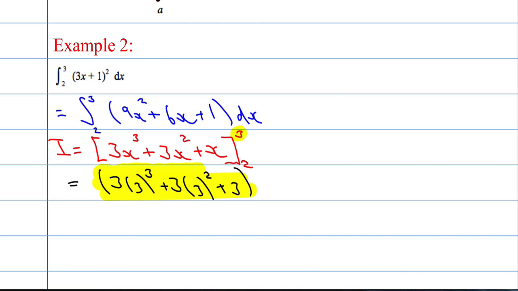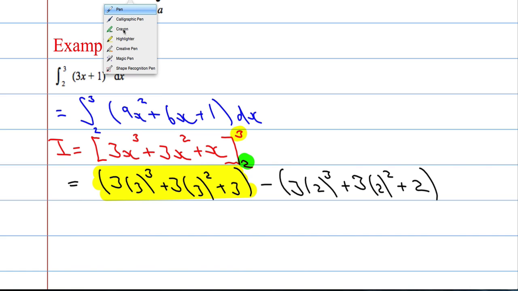I'm now going to substitute in the lower bound, which is 2. So substituting the lower bound in, and we're going to take that away. So we're subtracting and then putting this lower bound in. It's handy to leave up brackets here, just in case. So 3 times 2 cubed plus 3 times 2 squared plus 2.